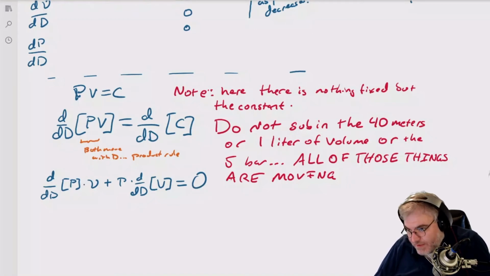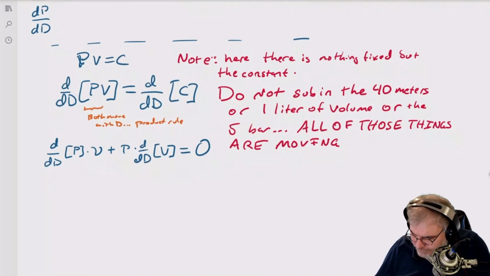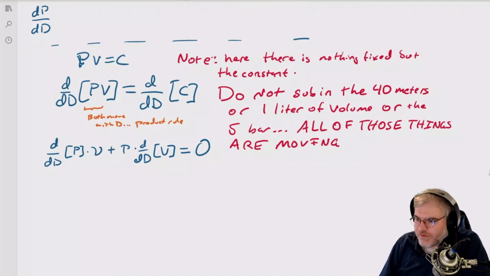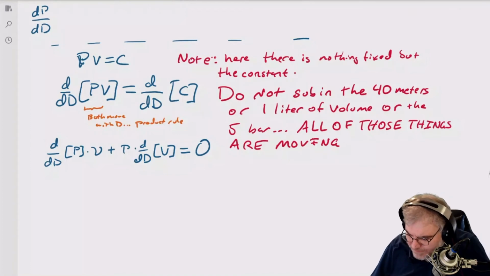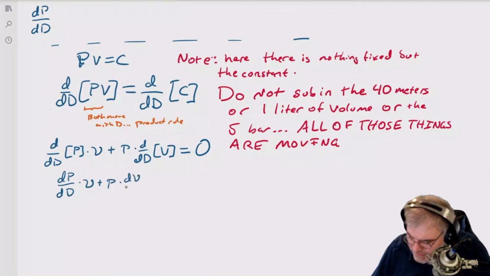That makes our lives a little better. So now what do I do? Well, I've got dP over dd times V plus P times dV over dd equals 0. Now sub in the data.